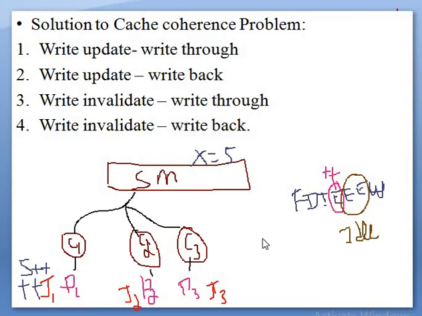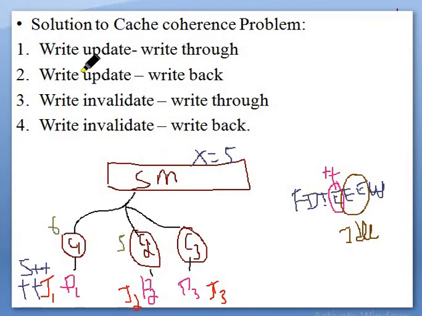During this time, if any other processors request the data, they will get a copy of x as 5, but the actual data is now 6. What they get is 5 if the request is made now, and this problem occurs.